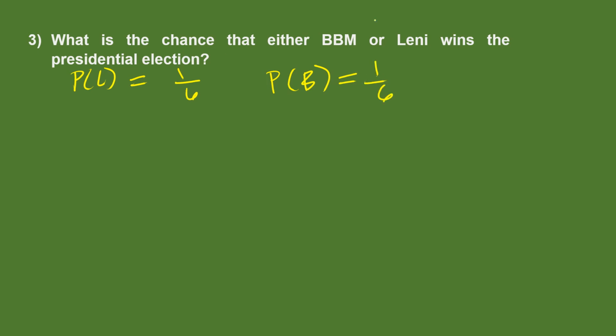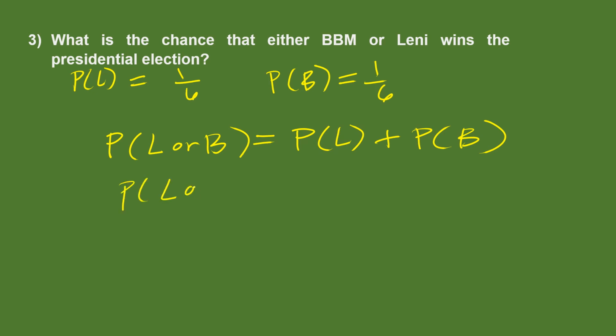So we are talking about disjoint outcomes, therefore we will apply the addition rule. To get the addition rule, we use the equation: P(L or B) is equal to the sum of the corresponding probabilities, so P(L) plus P(B).